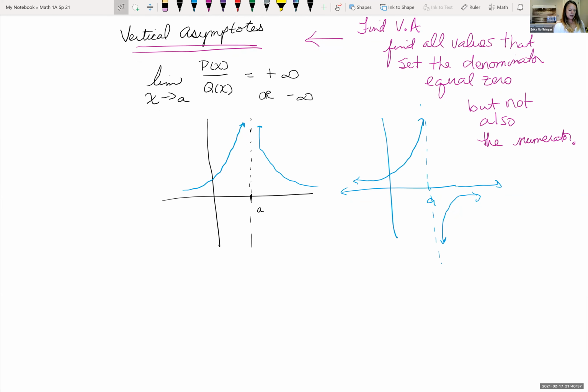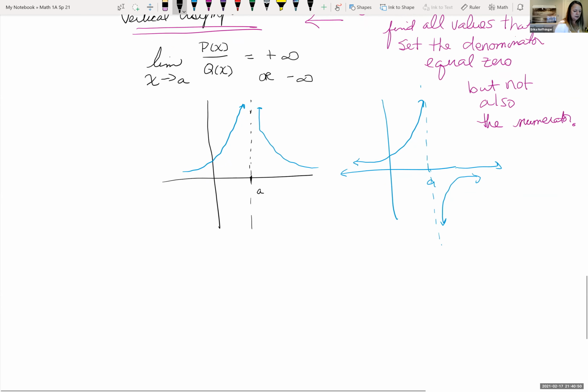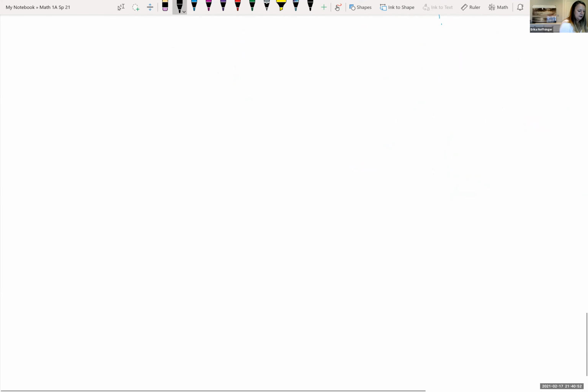Okay, so vertical asymptotes: we're approaching some x value, x equals a, and it's shooting up to positive or negative infinity as we come in on the left and the right. And then horizontal asymptotes, that had to do again with the degree of the numerator and denominator.